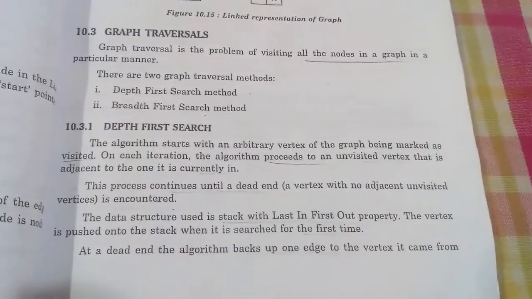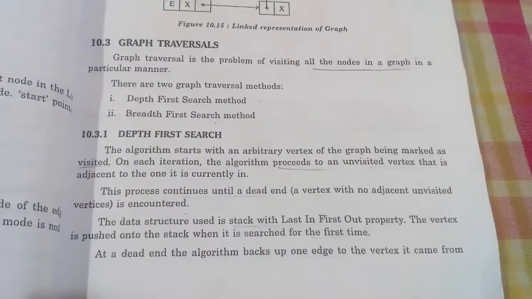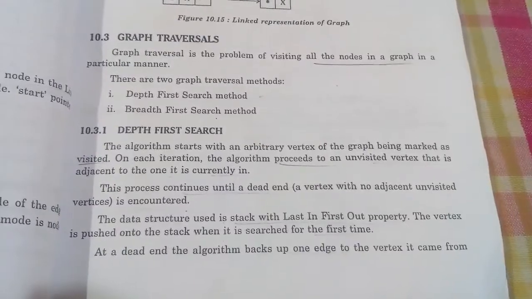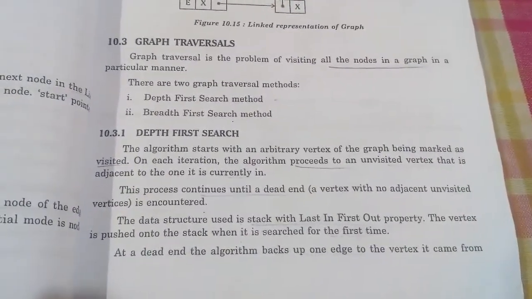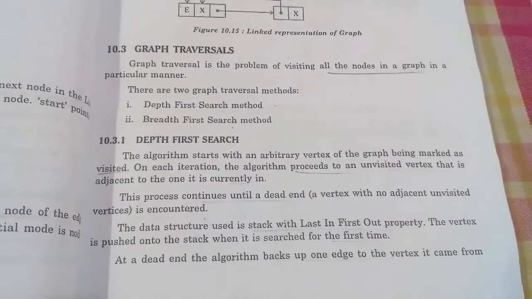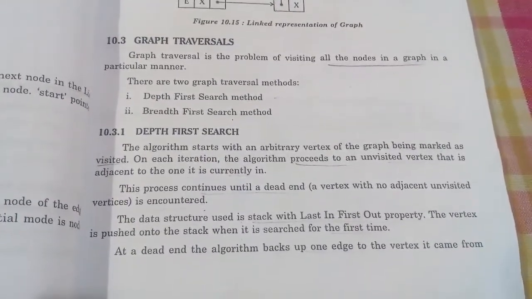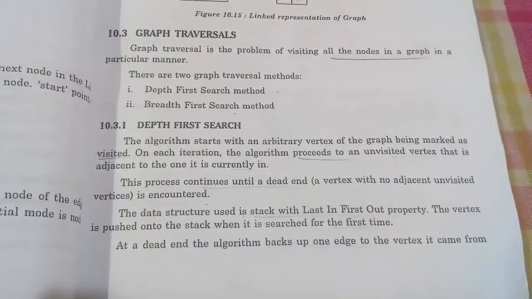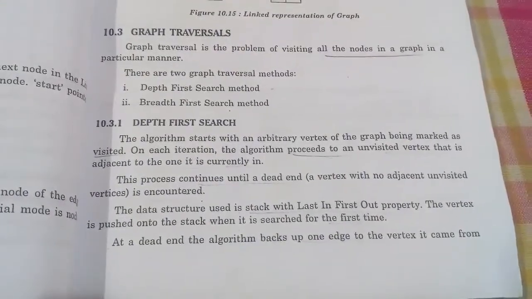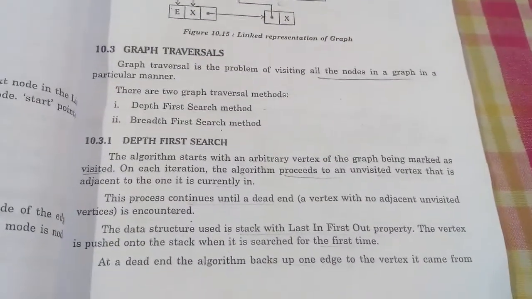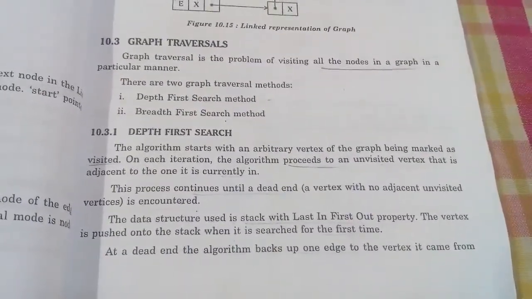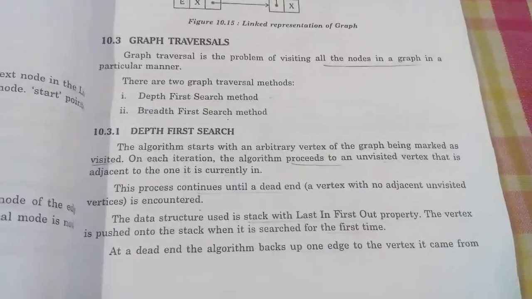So here the algorithm starts with one arbitrary vertex. That vertex is marked as visited. For the next iteration, the algorithm proceeds to an unvisited vertex that is adjacent to the one that is currently in.